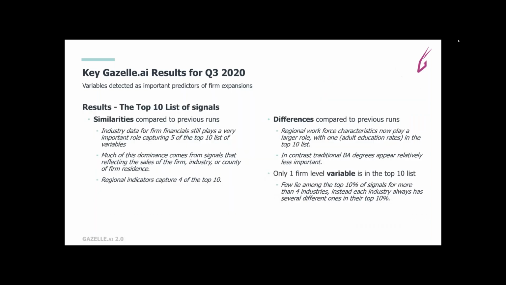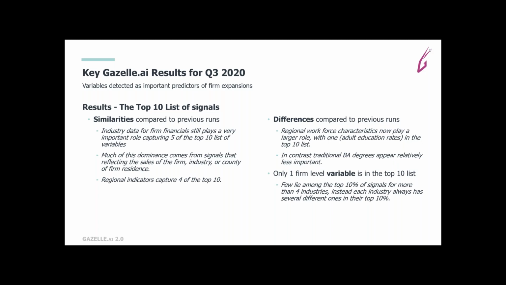I can also give a few details about the changes in the very top signals. The top 10 list from among the top 10% of largest absolute association weight variables. To be in the top 10 list, a signal must be among the top 10% of the most important signals for more than 4 industries. And the higher on the list, the more industries a signal is in the top 10% for.